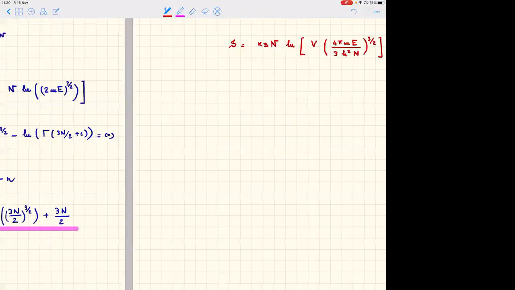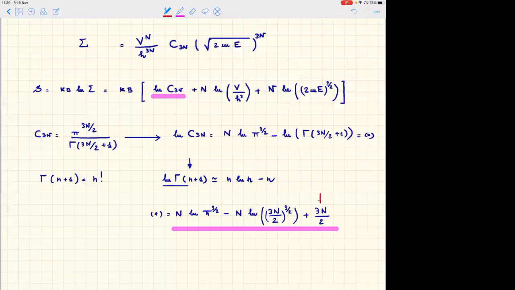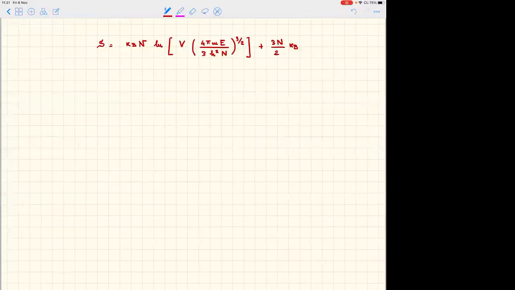Now this term here comes from this term in the expansion of C_n. You see that if I add it here, I get 3N over 2 times k Boltzmann. So this is my final result.